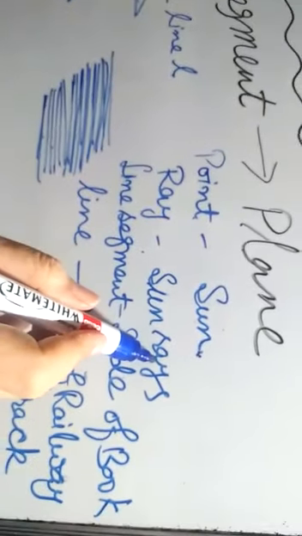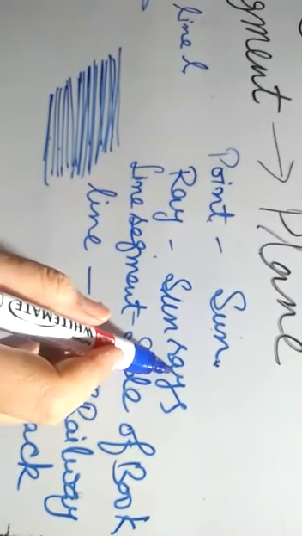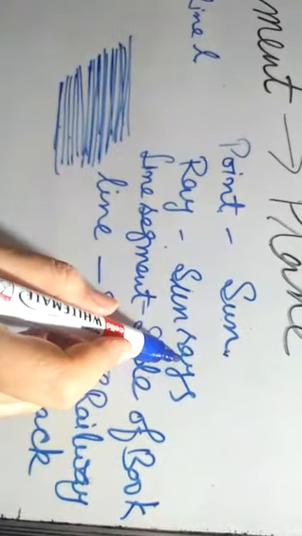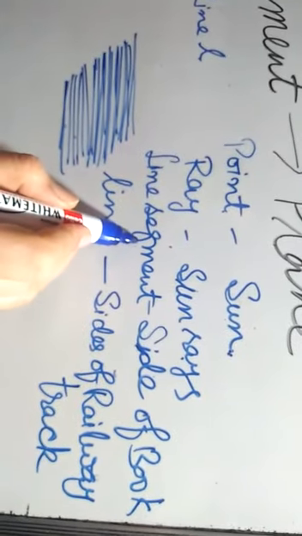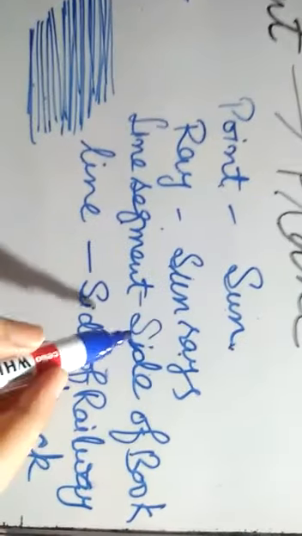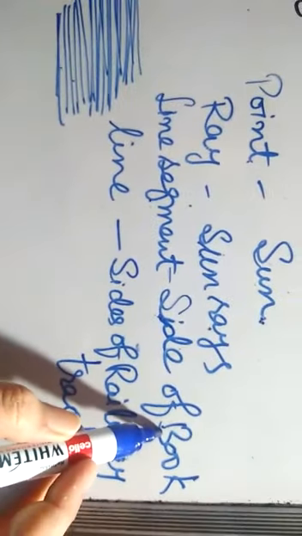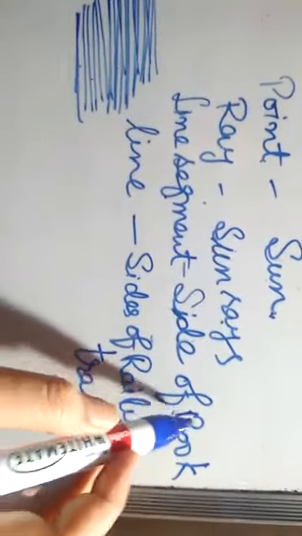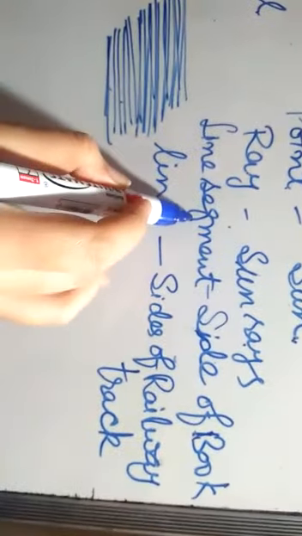Point. Let sun be a point. From this point, rays are coming to the earth. So sun rays. Sunlight goes to the earth in the form of rays. For a line segment, you can take any sides, edges. Let you have your book. See the side of your book. It is having some length. The side, length, breadth, these are called line segment.